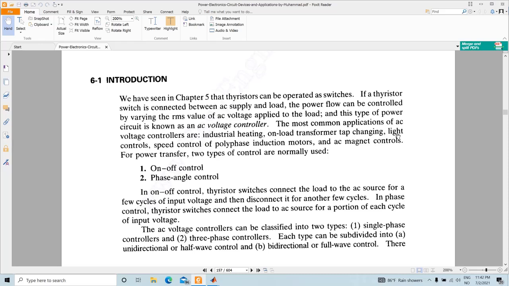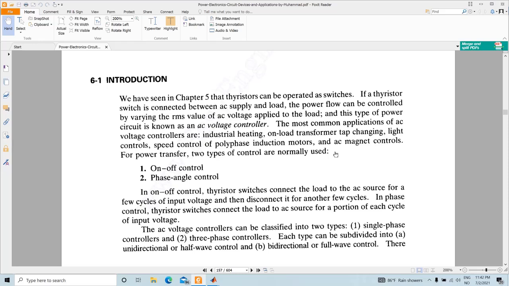So if we want to change the speed of the motors, we need to control the frequency. This particular section of the power electronics course will deal with how we can control the frequency as well as the voltage.